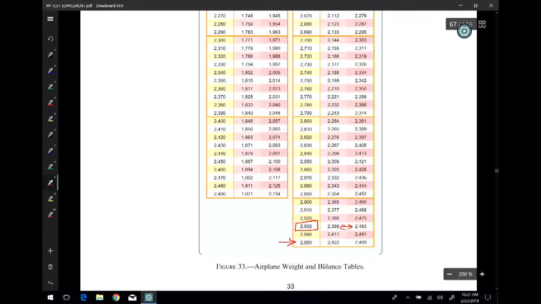Is 2,458 between 2,422 and 2,499? The answer to that would be yes. So that would indicate that 45 pounds is indeed the maximum amount of baggage that you can add to that airplane, because that puts us right to the tippy top of our weight of 2,950, and the balance still works.